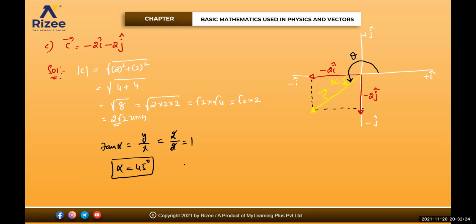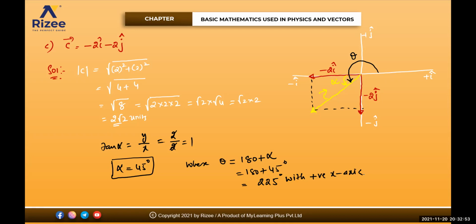So theta will be equal to how much? 180 plus alpha. That is 180 plus 45, which is 225. With respect to what? Theta is making an angle with the positive x-axis.